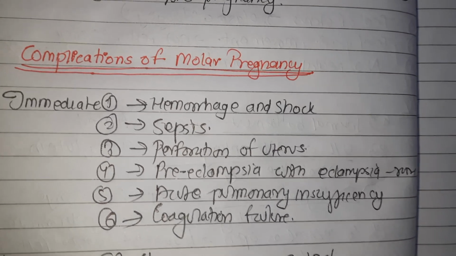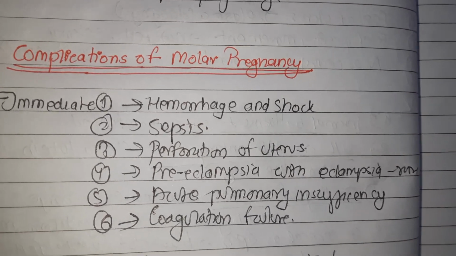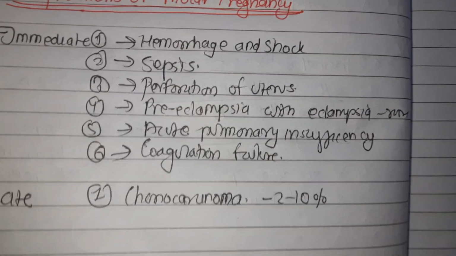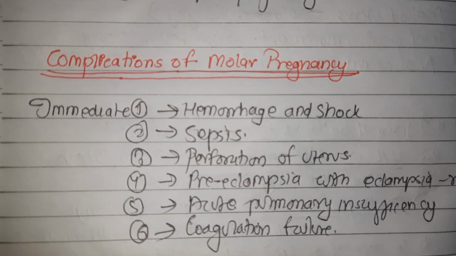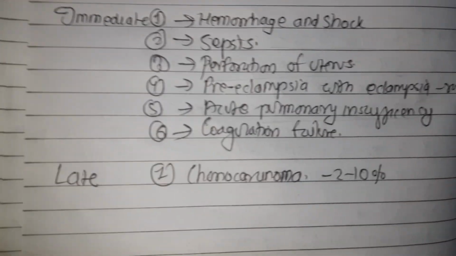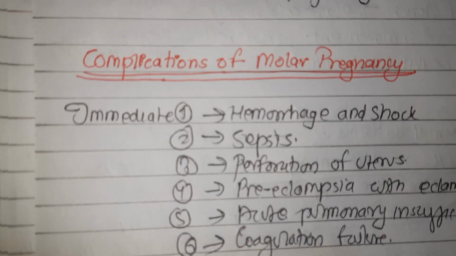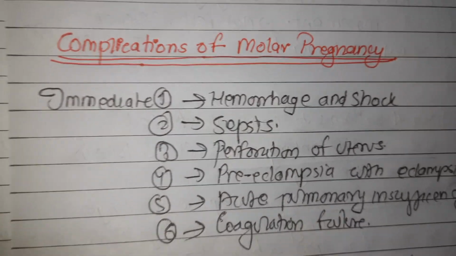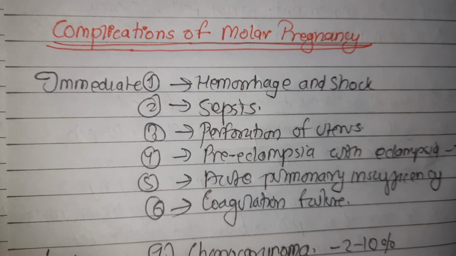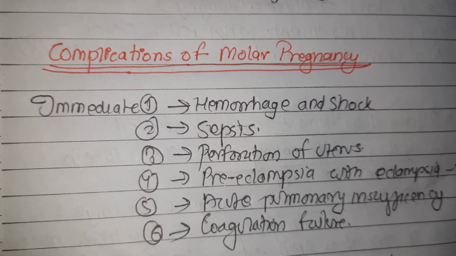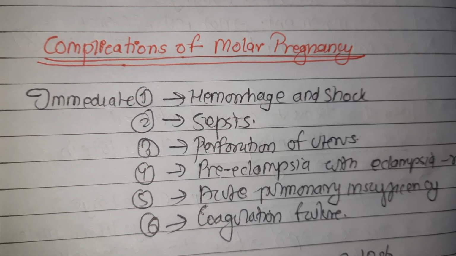There are various risk factors for conversion to choriocarcinoma. Various risk factors for the malignant change can be remembered by the mnemonic HOTS. H stands for HCG: serum HCG level more than 1 lakh milli international units per ml.